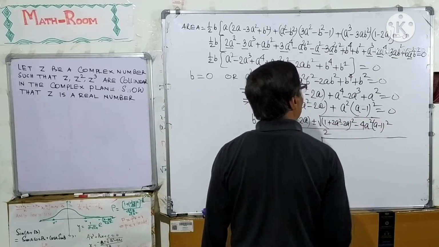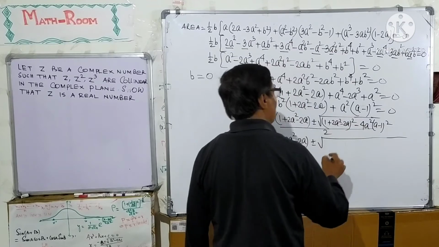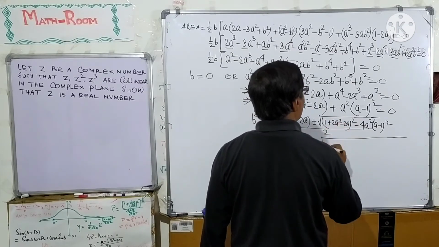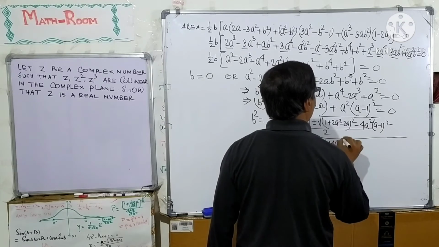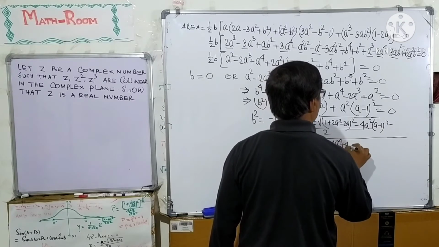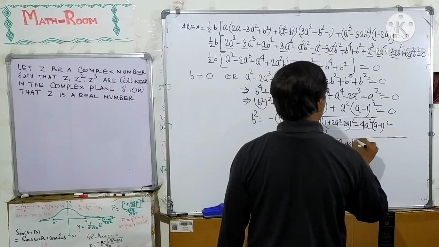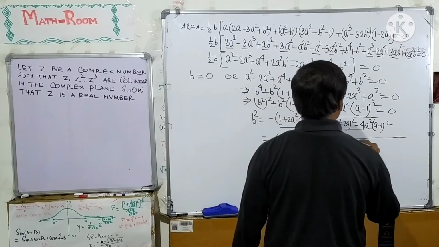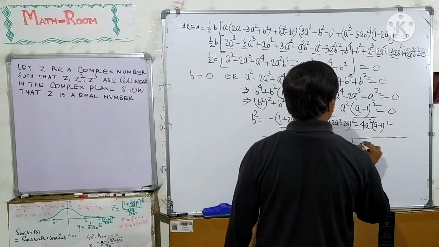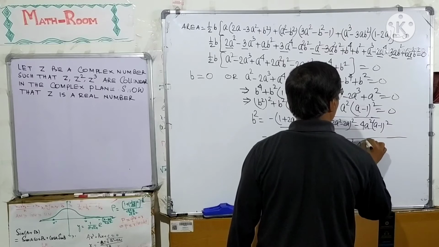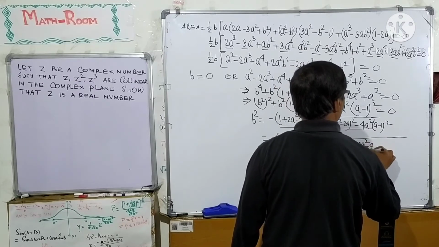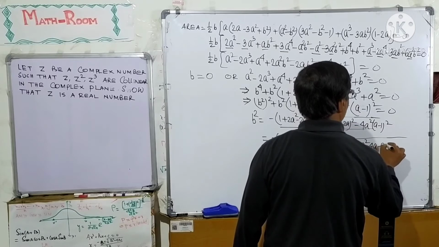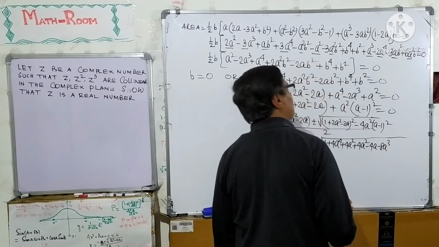If we simplify this expression, we get 1 plus 4a to the 4 plus 4a square plus 4a square minus 4a minus 8a cube.